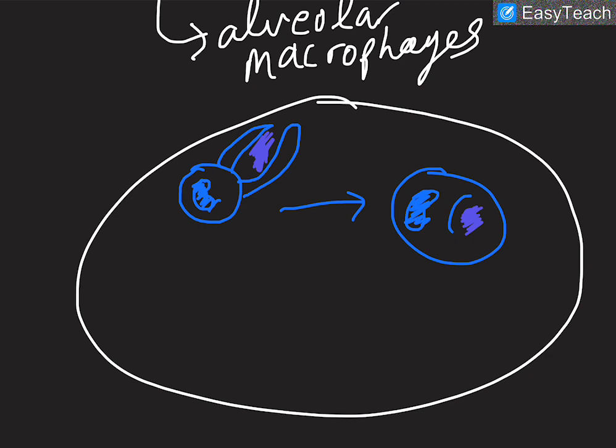Since we're not focusing on the pathophysiology of tuberculosis, we'll talk about that later in the playlist on the physiology and pathophysiology of our lungs. Right now we're talking about toll-like receptors.